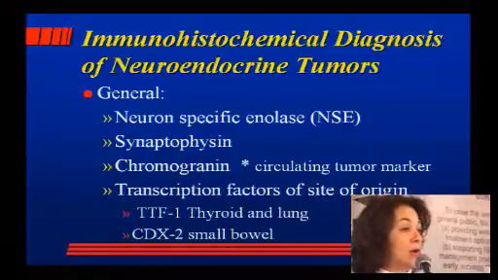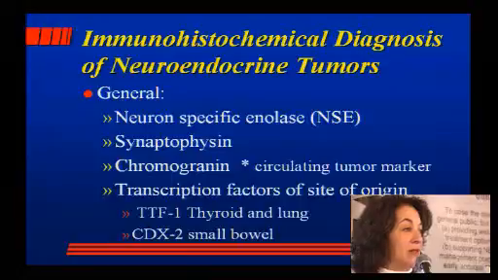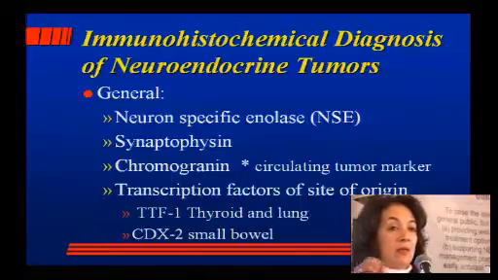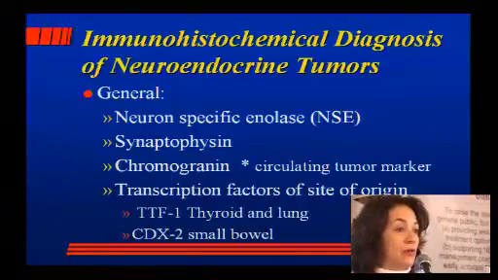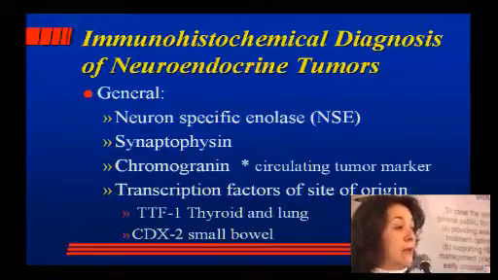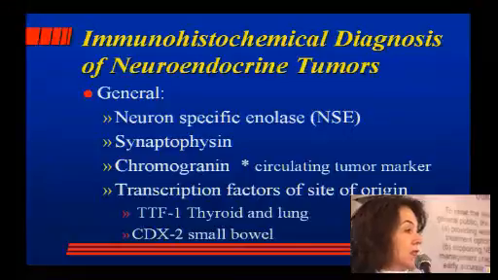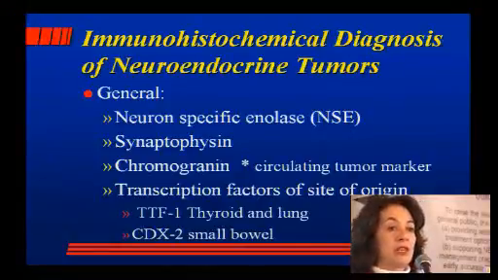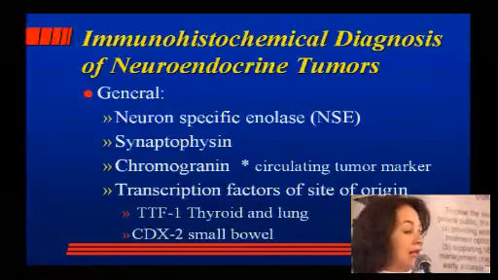The other problem that we often face is if we're diagnosing a metastatic tumor, which is unfortunately a common scenario of a patient who has a liver mass, they get a biopsy, the pathologist says this is a neuroendocrine tumor, the first question that's asked is, well, where is it coming from? These tumors very rarely arise primarily in the liver. They usually spread there, but they can spread there from the small bowel, the pancreas, and the lung. So how's the pathologist to help the clinician figure out where they need to go looking next?